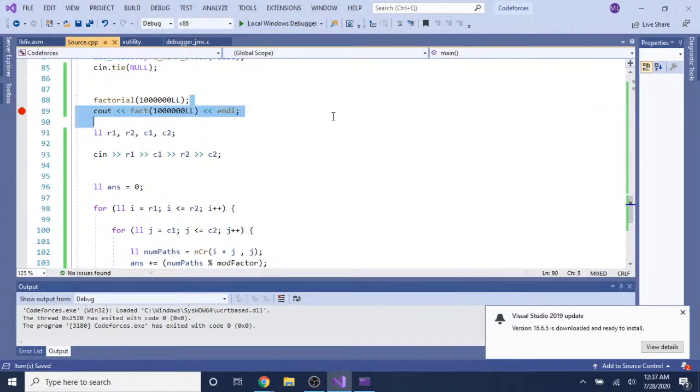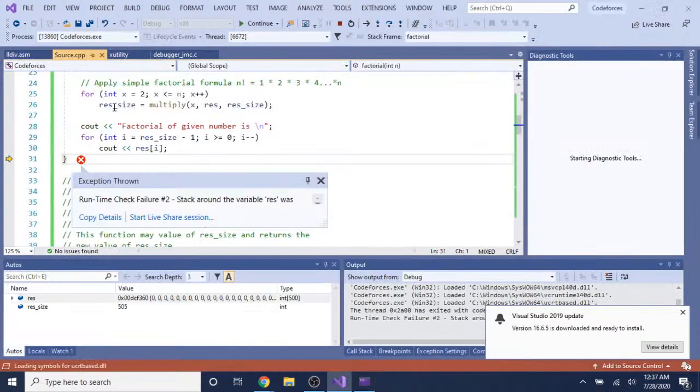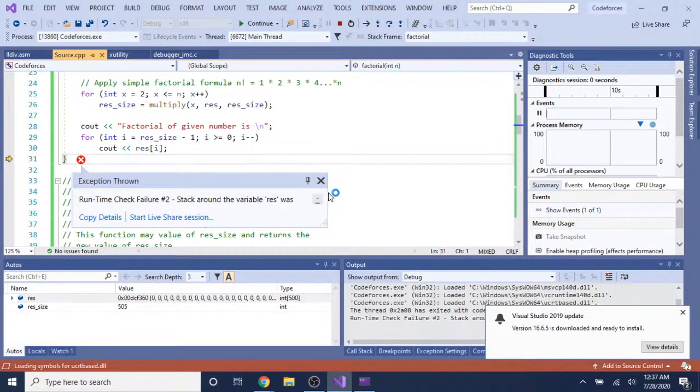Well, this is a hard problem, not gonna lie. Gotta deal with overflows. Alright, let's see how long it takes for their factorial to work. Runtime error, stack around variable res was corrupted.